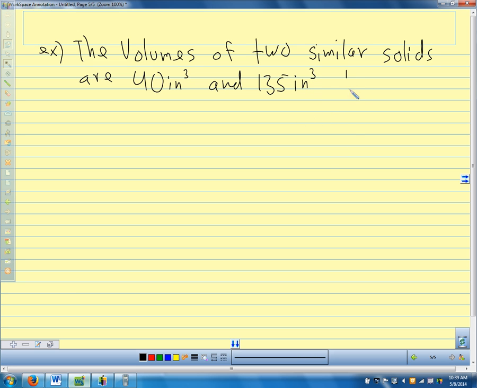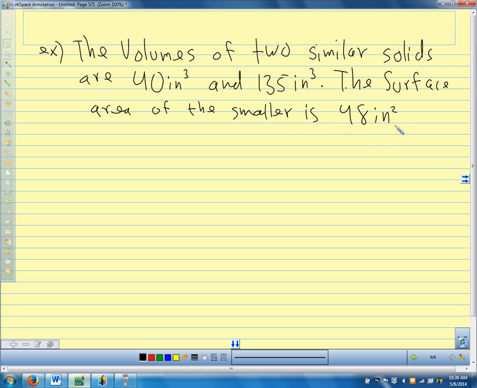The surface area of the smaller is 48 square inches. Find the surface area of the larger.